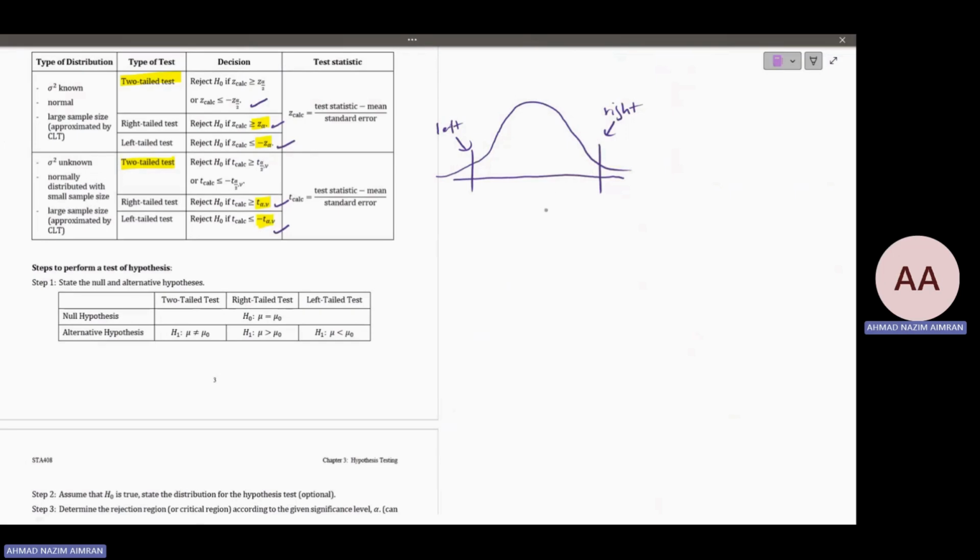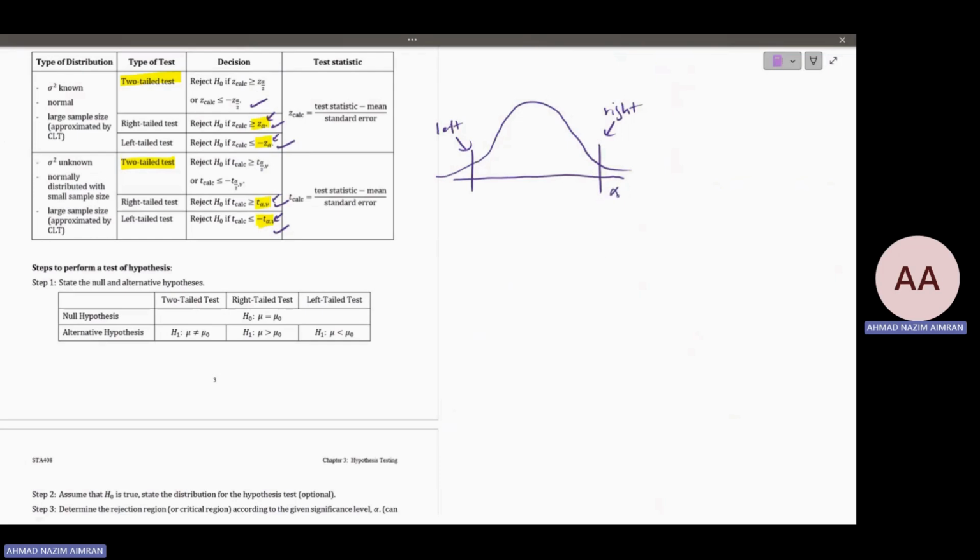Why alpha over 2? Because instead of alpha, for this one, we use alpha, alpha, alpha, and alpha. But for the two-tailed test, we use alpha over 2 because the alpha or the significance level needs to be divided into two.